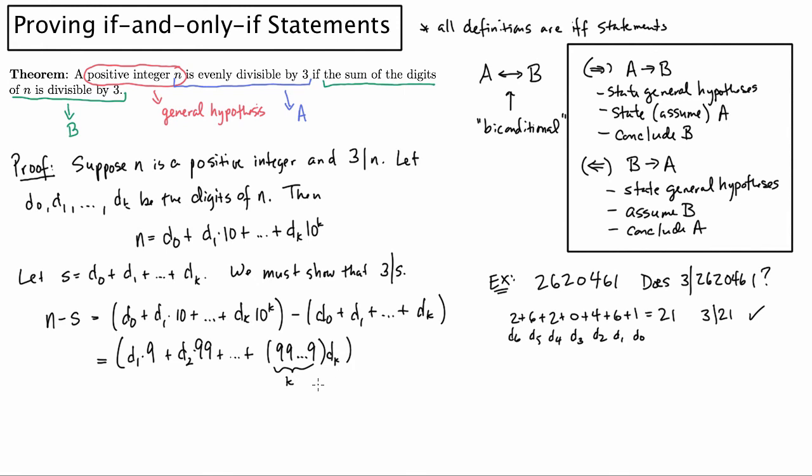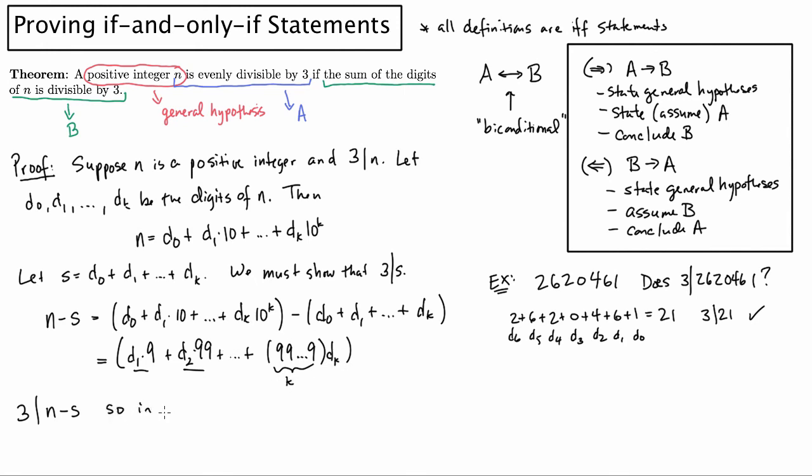And so what we observe at this point is that 3 divides n minus s, because 3 divides each one of these. You can see that 3 divides each of these pieces.